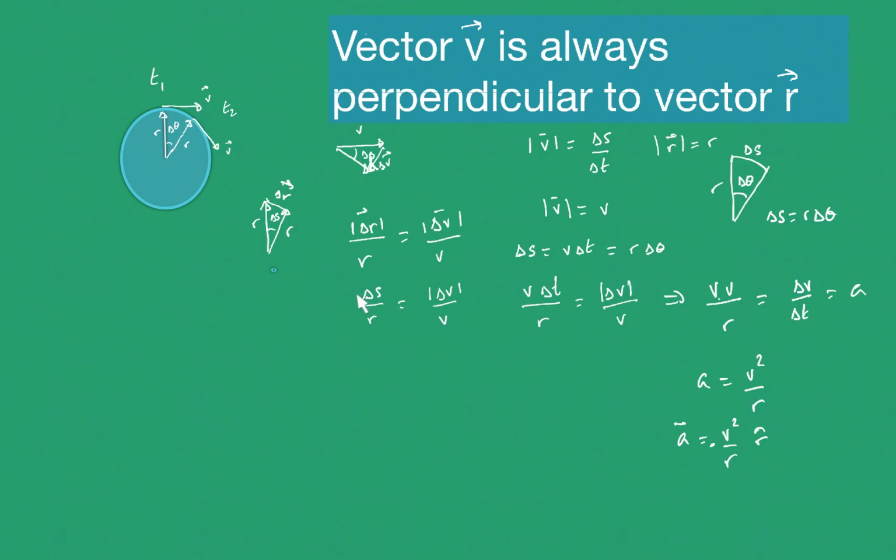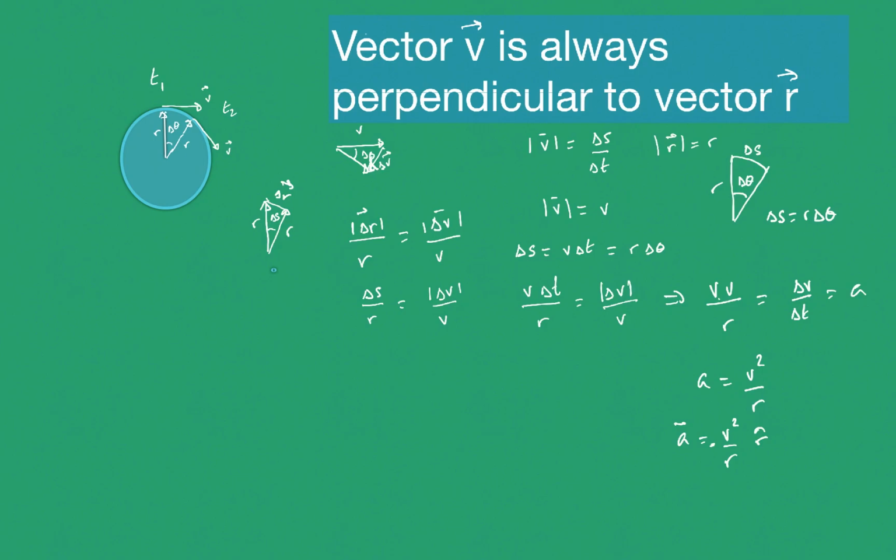But the magnitude of delta r looks like delta s if the time delta t goes to zero, if the interval of time is very small. What is delta r?